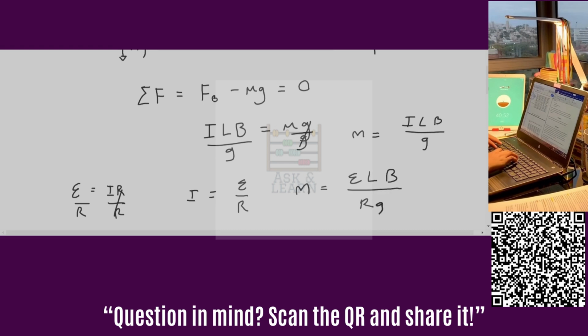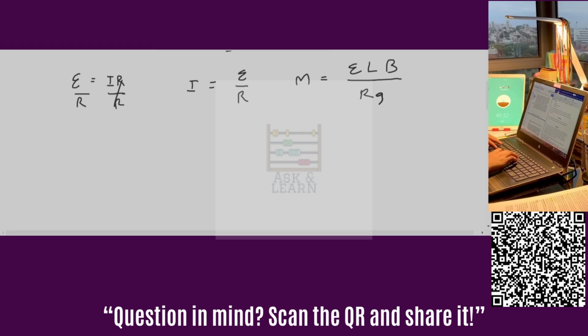So we're getting closer now. We don't have the EMF, but again, we can recall that the motional EMF for a metal bar in a constant magnetic field, given that the length of the bar, velocity of the bar, and the magnetic field are all perpendicular to each other, is just going to be V times L times B. So if we substitute that in, we'll have that m is equal to V L squared times B squared over R times G. So now all of these are known quantities, right?